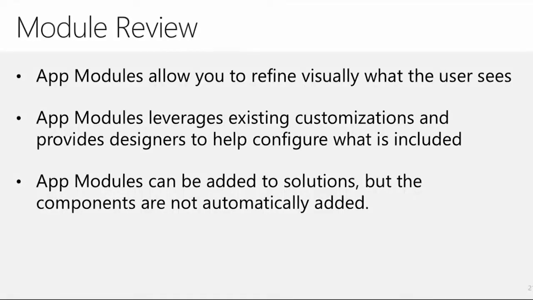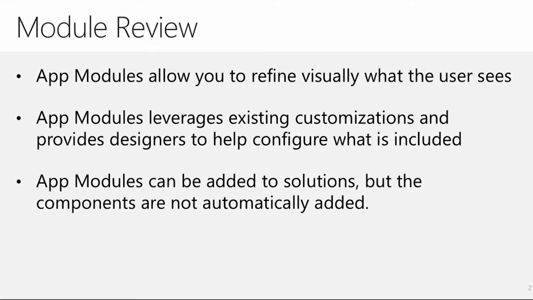What's nice about the new application module designer is you have the ability to do that. You have the ability to really refine not only what the user sees in the context of what that specific desired functionality is, but who has access to it. So if certain people within your organization should not have the ability to use that particular app module, at an application level, you can prohibit, based upon their security role, who has access to go in there and do that.